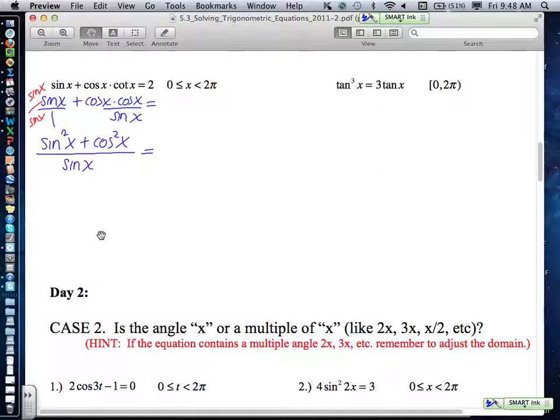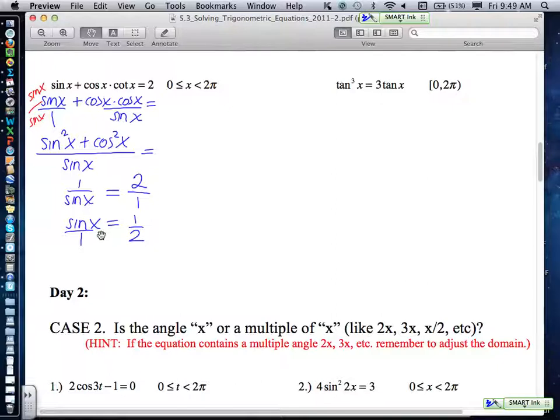So now I've got 1 over sine x, and that equals 2. And now, by your rules for proportions, we can just flip that proportion, and we can write this as sine x over 1 equals 1/2. If 1 over sine equals 2 over 1, then sine over 1 equals 1/2. And now we can just solve with a reference triangle.